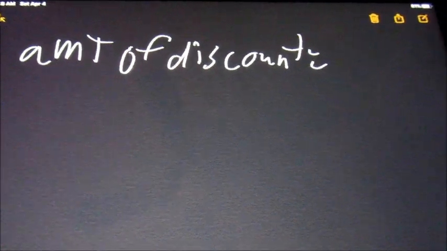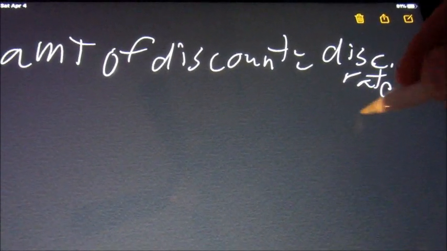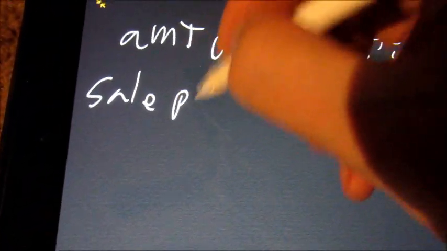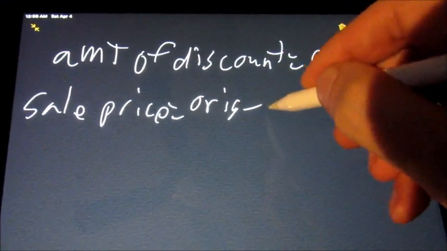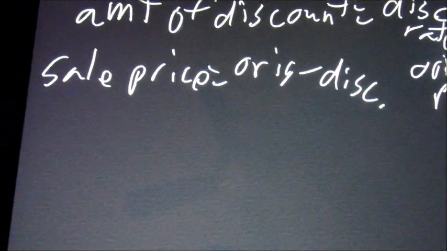Next, you're going to get a discount. So the amount of discount equals the discount rate times the original price, but now the sale price equals the original minus the discount, because we're going to subtract to get there.